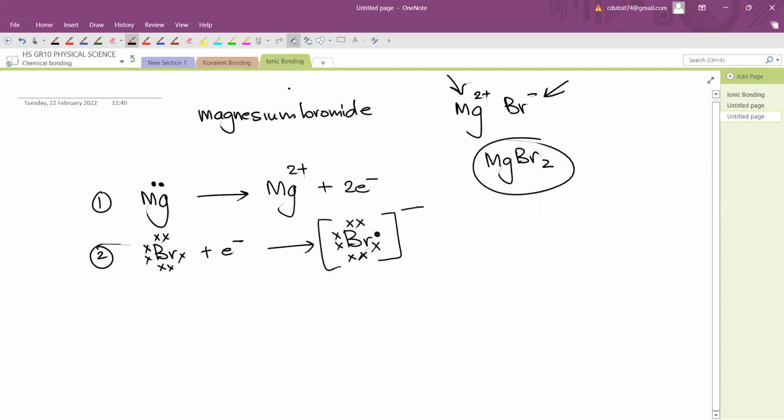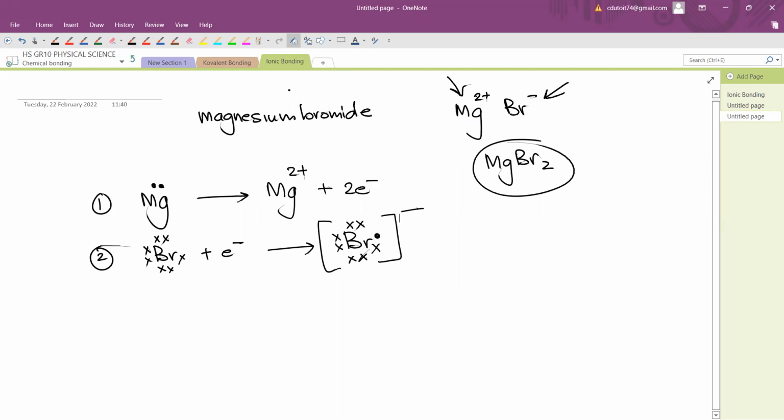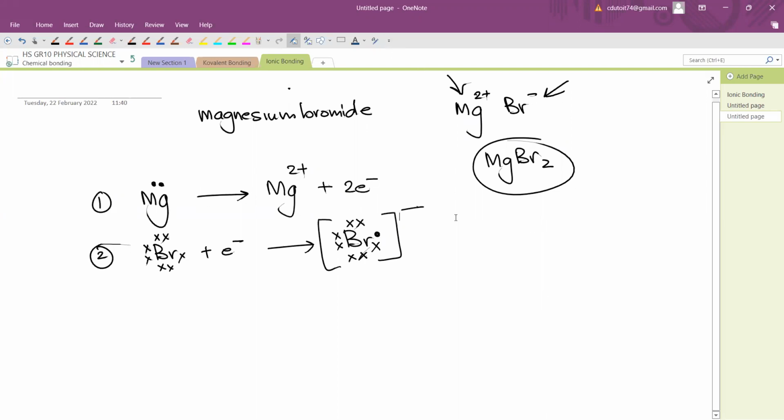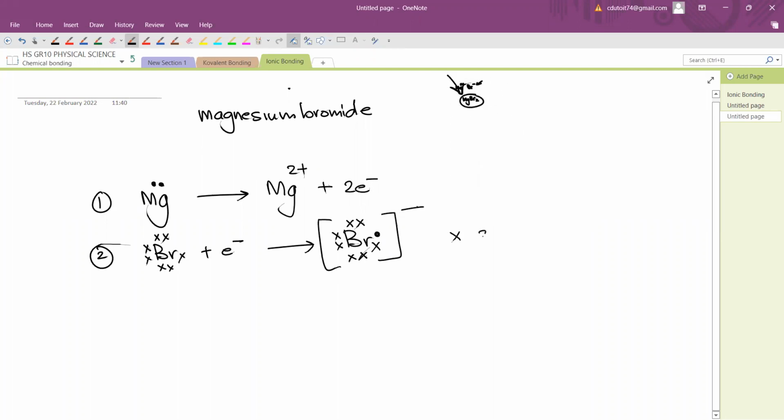But I can't let these 2 react with one another because magnesium is 2 plus and Br is only 1 minus. So I need to do the following. I need to multiply the bottom equation by 2. And then I get 2 here, 2 there, 2 there. You see that? Yes. Okay.